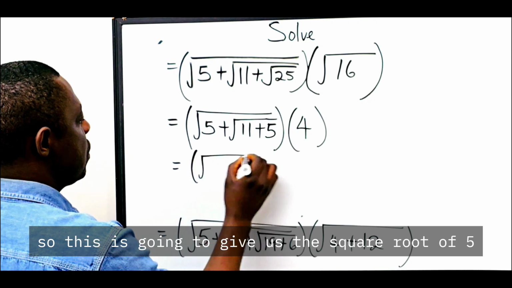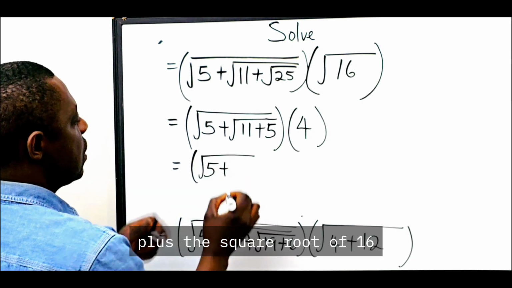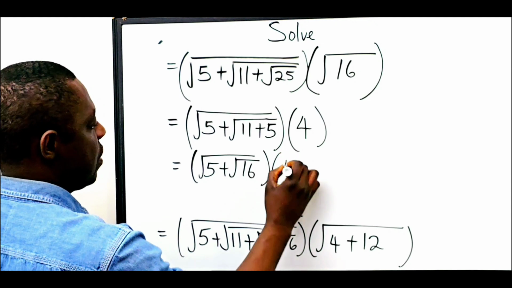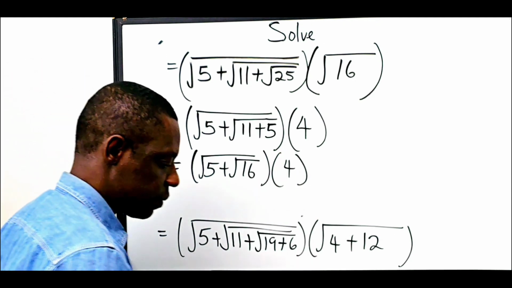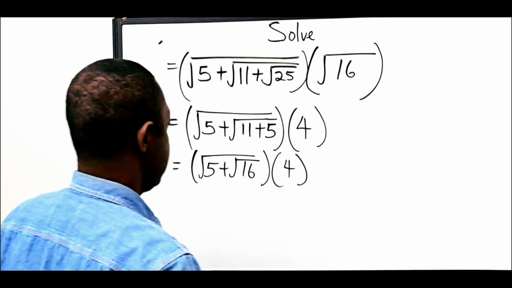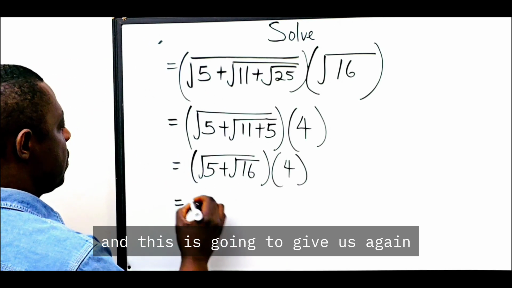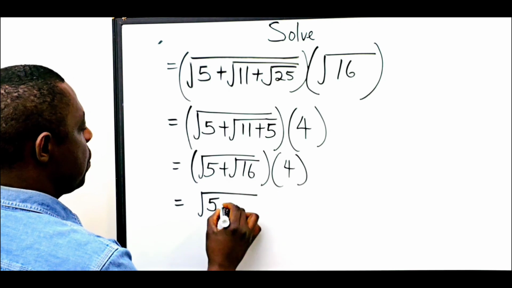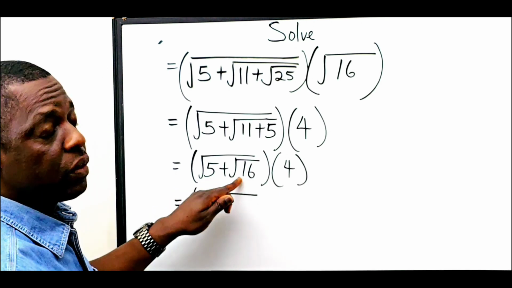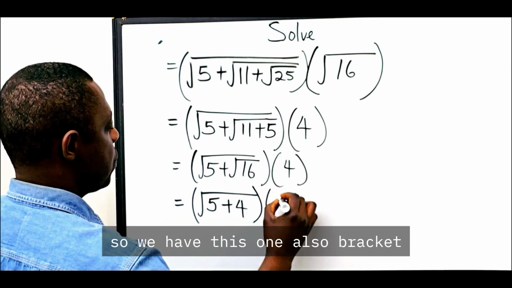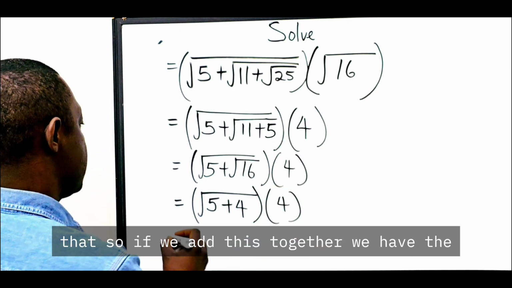So this is going to give us the square root of 5 plus the square root of 16 multiplied by 4. And this is going to give us again the square root of 5 plus the square root of 16 is going to give us 4. So we have this one also, bracket that.